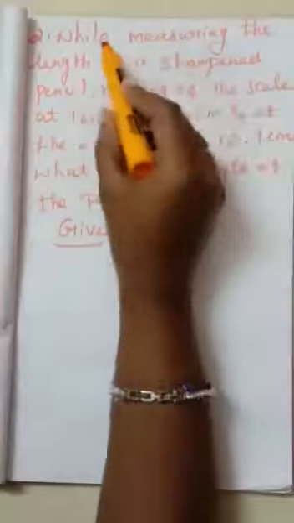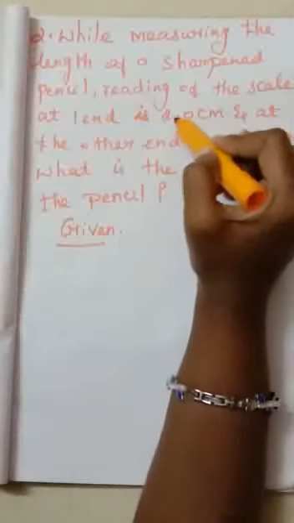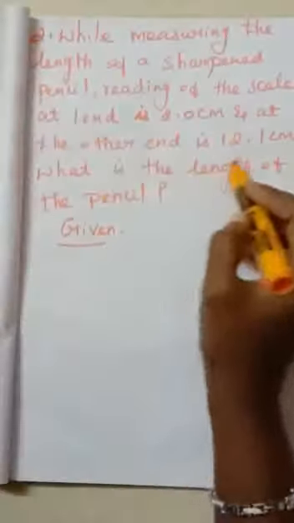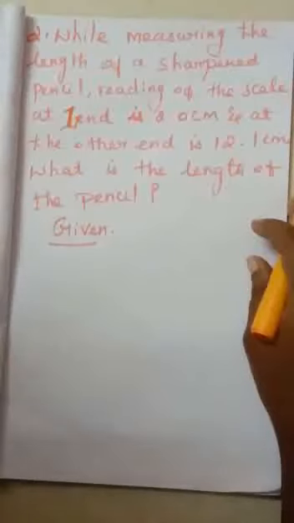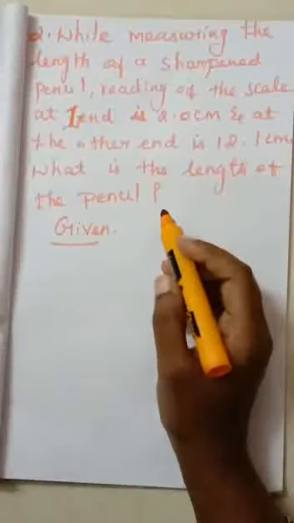Second question: while measuring the length of a sharpened pencil, reading of the scale at one end is 2.0 centimeter and at the other end is 12.1 centimeter. What is the length of the pencil? Fine. I hope you understand the question.